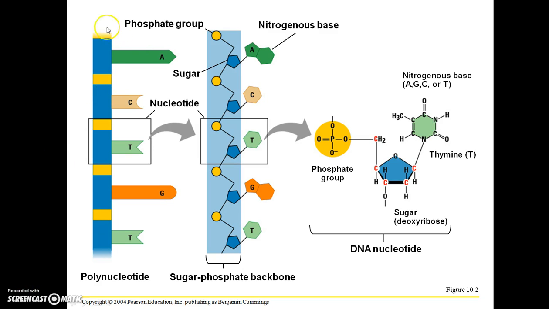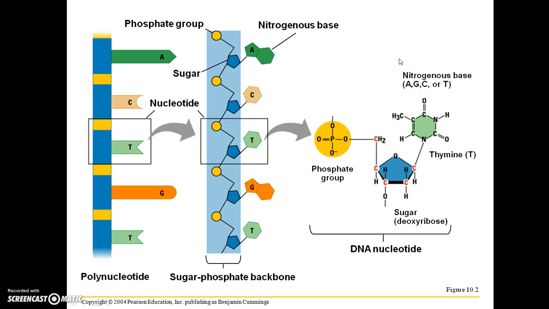So you should be familiar with this a little bit because I showed a similar schematic to you in another lecture. But the sugar here is blue, the phosphate group is yellow, and then there's one of 4 nitrogenous bases. So this would be a single strand of DNA within a double helix. So we have the phosphate group, a nitrogenous base, and a sugar.